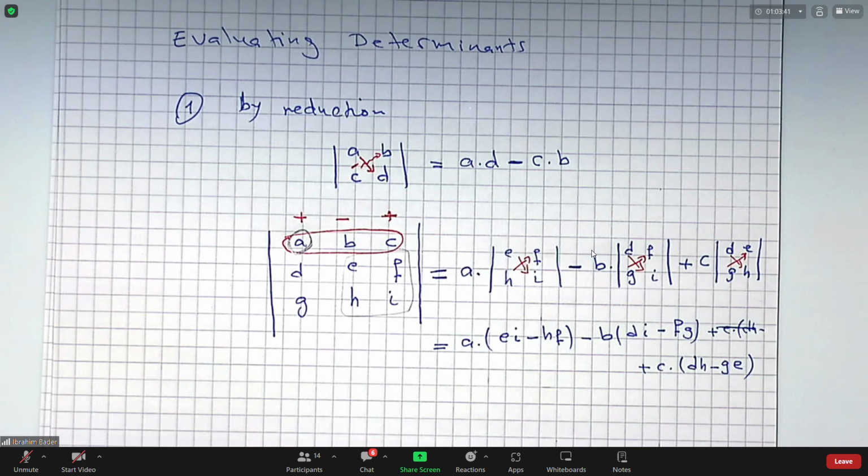This one. Okay, I want to show you the geometric representation of that one.